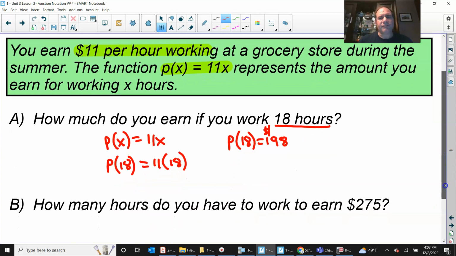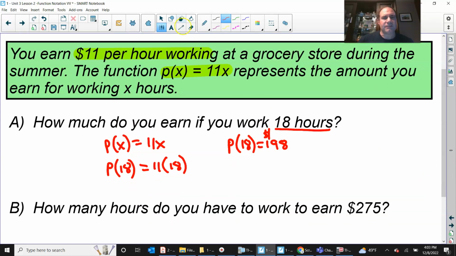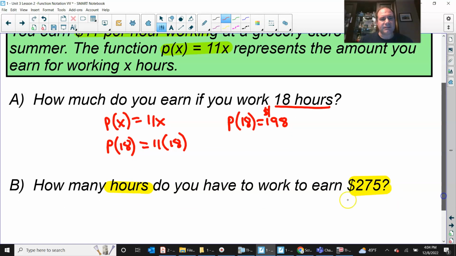How many hours do you have to work to earn $275? A little bit different. They're not giving you how many hours you worked. They want to know how many hours you work. So this is the total. The total is what P of x is. So this would say P of x equals 275.